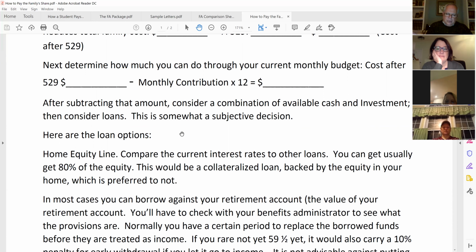So if you've established need and the school gives you a grant and you get $1,000 from an outside scholarship, the school is within their right, legally, to take back $1,000 of their grant money.